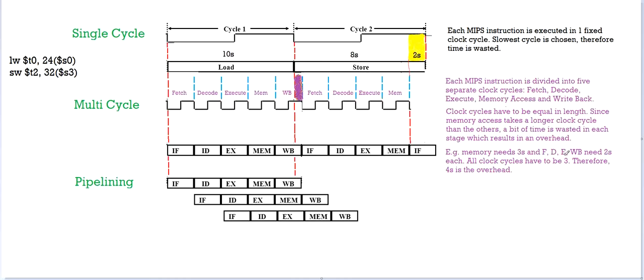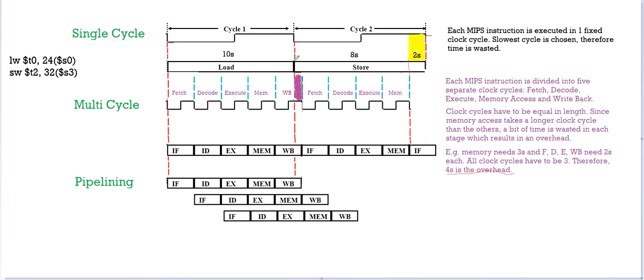Even if fetch, decode, execute, and write back need 2 seconds, they're all going to be processed for 3 seconds, and we're going to have some idle time here. So it needed 2 seconds, but the clock cycle is going to be 3 seconds because of memory. So 1 second is wasted here, another one here, another one here, and finally another one here. And we're going to have this 4 seconds, which is our overhead. Yeah?